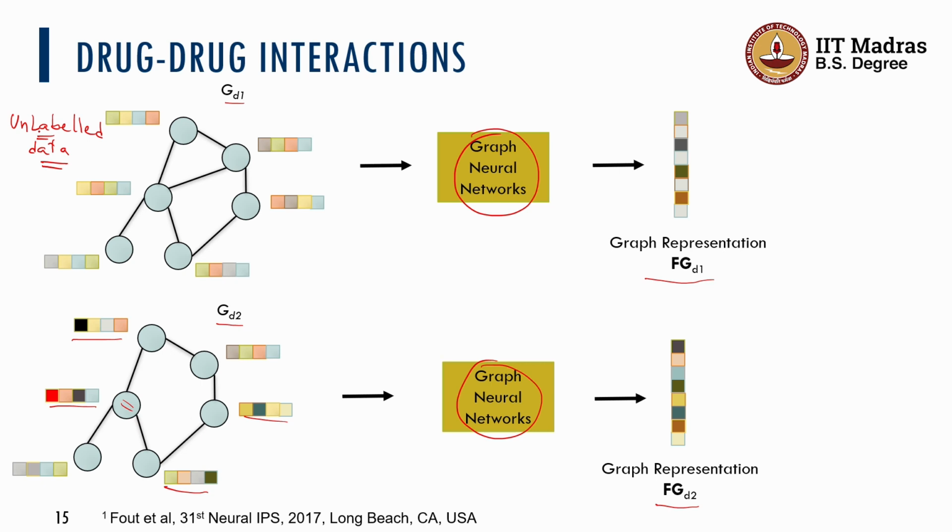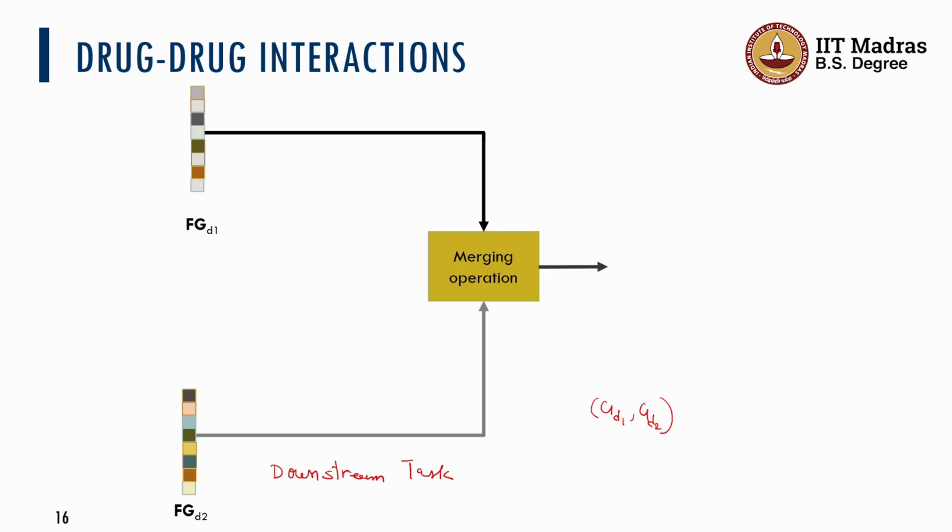So all the molecules available to me, drug molecules, I can use them together to develop graph neural networks, which can provide me the best graph representation for different molecules.